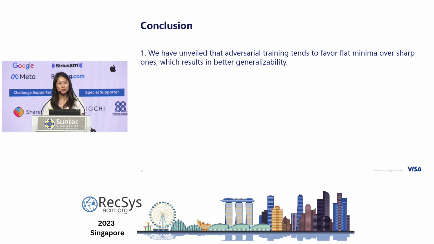So we've come to the end of this talk, but we're going to summarize the 3 things that we talked about in this talk. Firstly, we showed that adversarial training tends to favor flat minima over sharp minima, which tends to result in better generalizability.